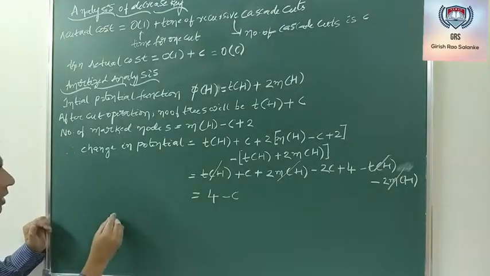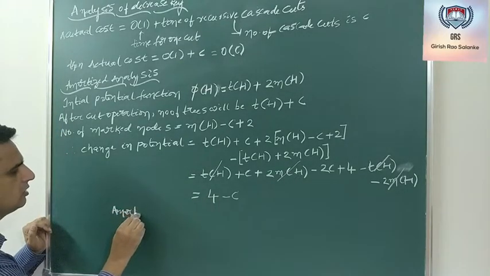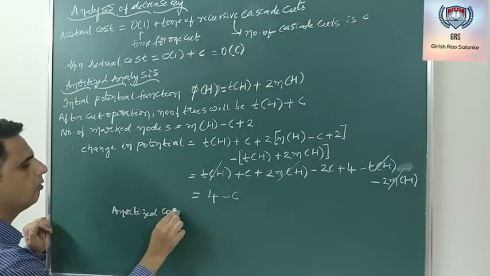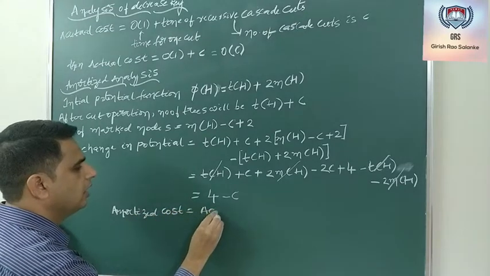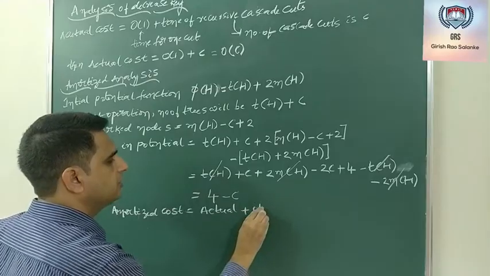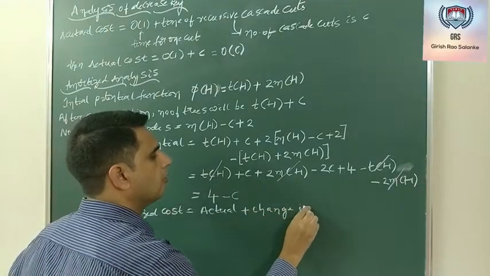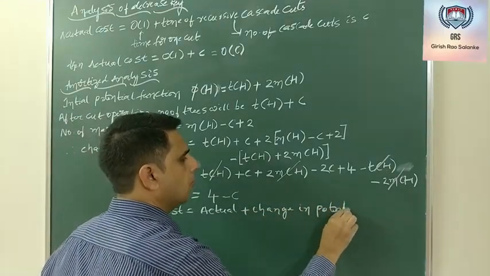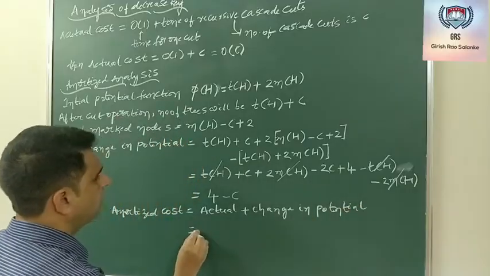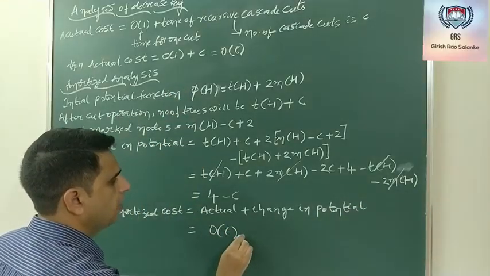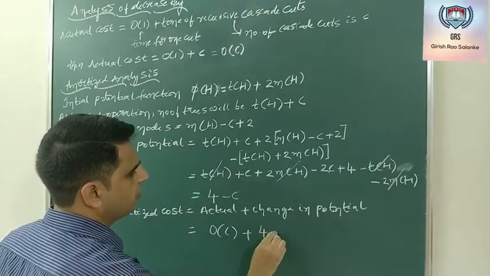Now what is the amortized cost? Amortized cost is actual cost plus change in potential. Now what is your actual cost? Actual cost is order of c plus change in potential is 4 minus c.